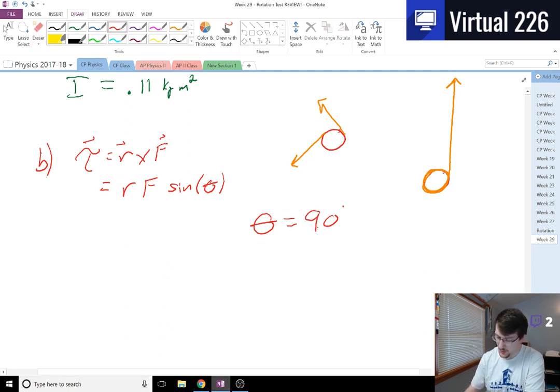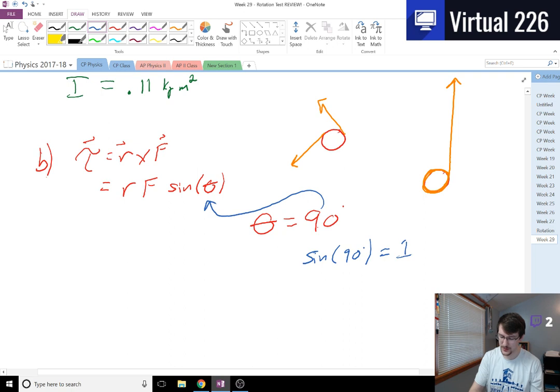What this means is that when we plug this 90 degrees into the sine argument, sine of 90 degrees, by the definition of the unit circle, is equal to 1. And that means torque equals R times F times 1, and who cares about 1, right?